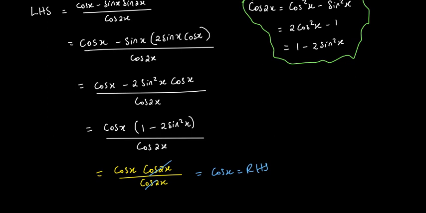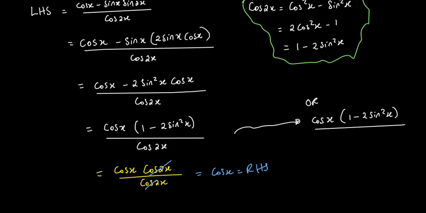Very, very nice stuff. Another way is that you could have left the top as it is. So this is just alternatively. You could have said cos x into 1 minus 2 sine squared x, all divided by cos 2x again. Now that you would have seen something like this, you say, now I have to change cos 2x, but I'm going to change it to this one, since on top that's what I also have.